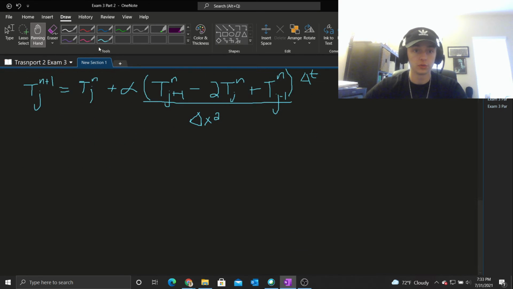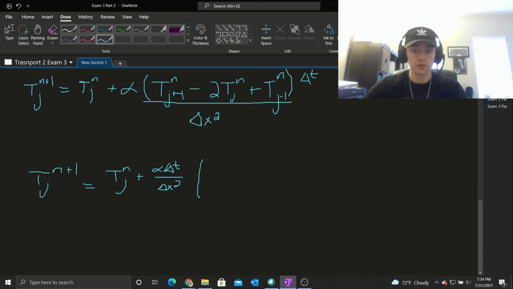To clean that up, our temperature in the bar at our current position at our next time is equal to the temperature of the bar at our current position and current time plus the thermal diffusivity times our change in time divided by our change in position squared, multiplying our parenthetical: next position at the current time, minus 2 times the current position and current time, plus the temperature of the bar at the previous position and current time.